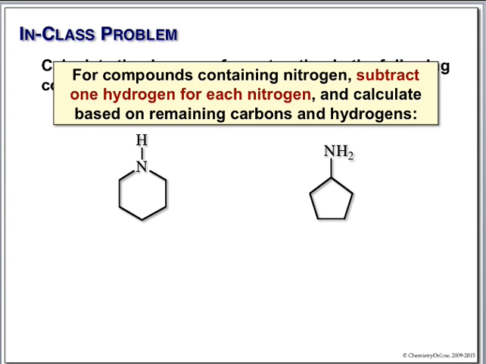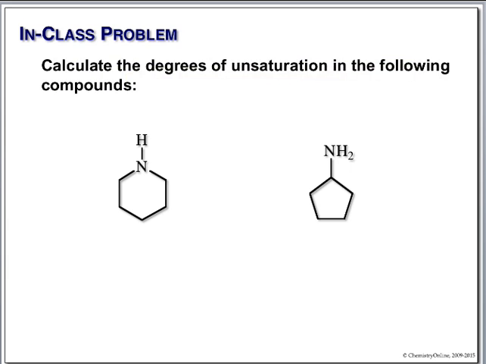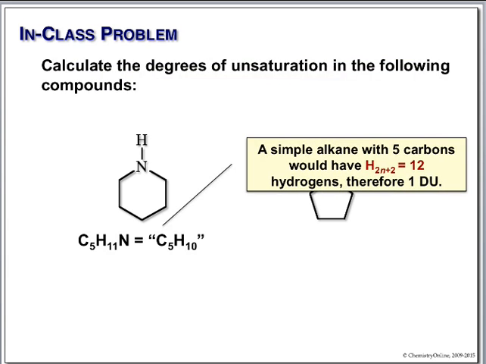Oxygen was divalent, that's why we could just ignore it. So for this guy, we have 1, 2, 3, 4, 5 carbons and an NH. If we subtract the nitrogen and 1 hydrogen, we have C5H10. It should be 12. This is 1 degree of unsaturation.